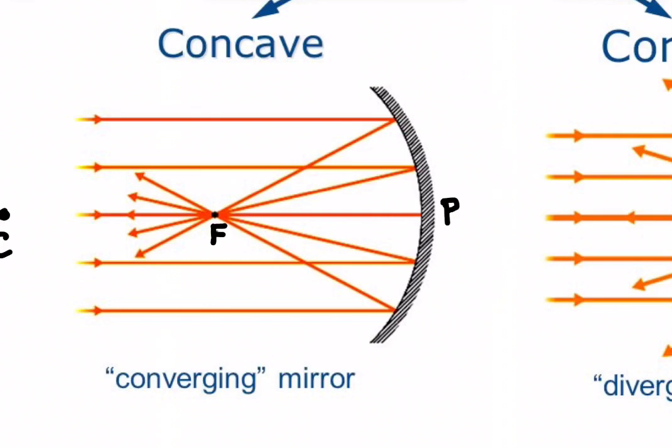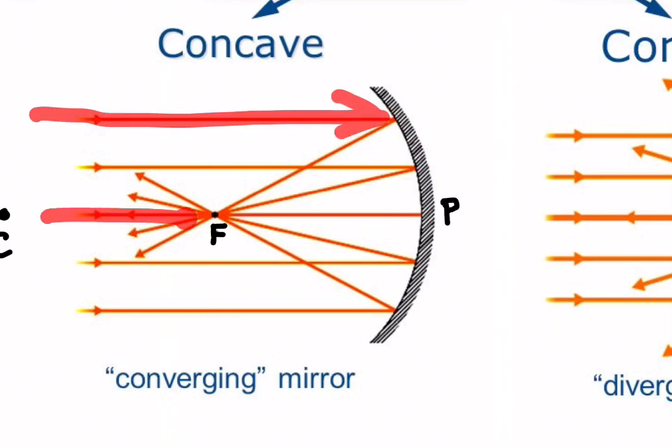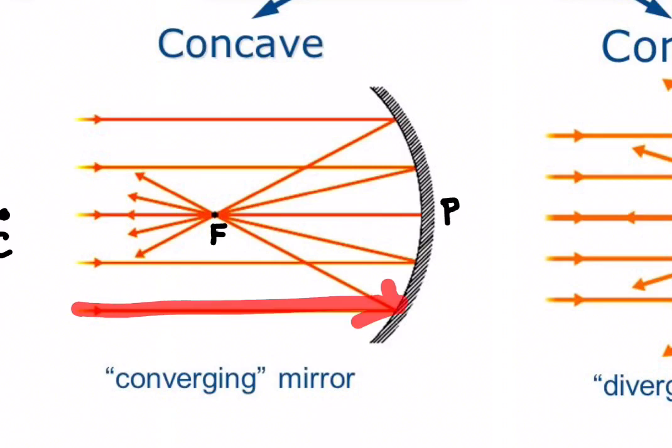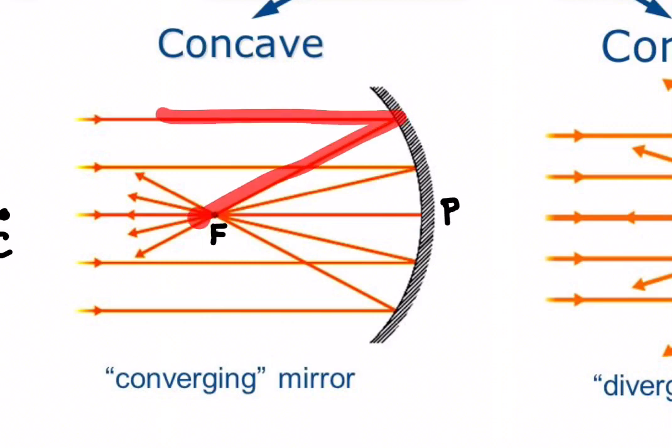So take a concave mirror. If light from a distant source, traveling parallel to the principal axis, is incident on the reflecting surface, it is found that after reflection it passes through some fixed point on the principal axis.